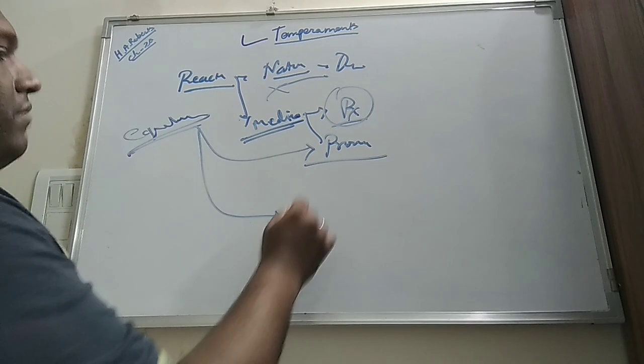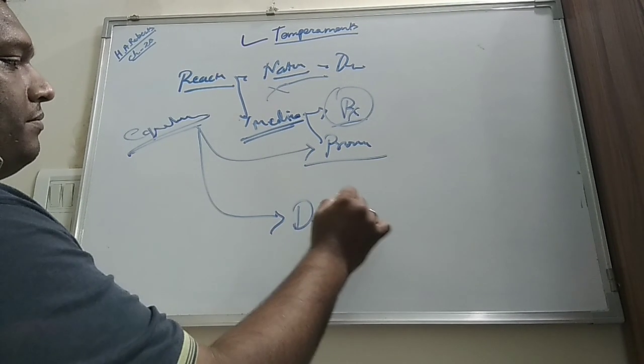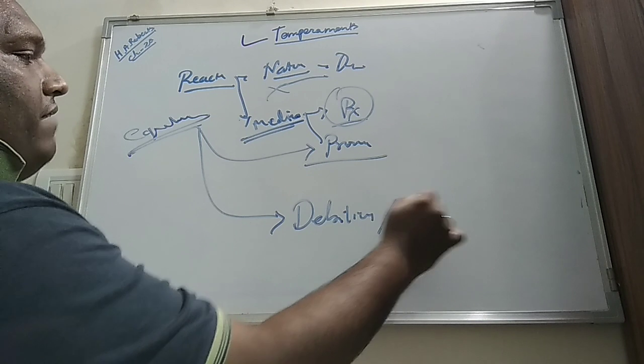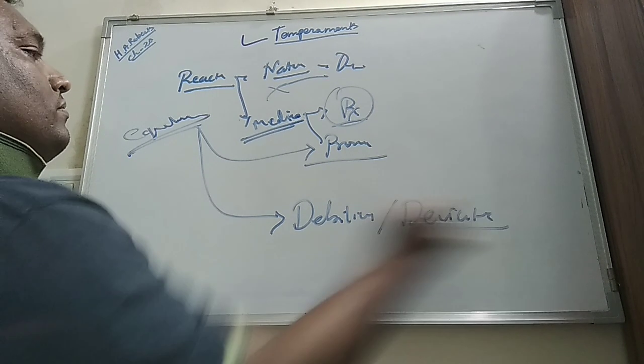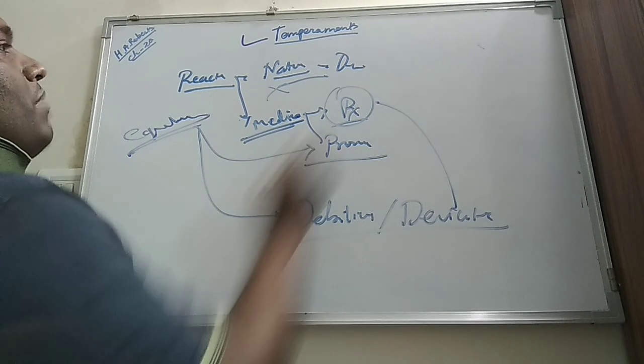If there is equilibrium that is debilitated or deviated, then there is a requirement of treatment.